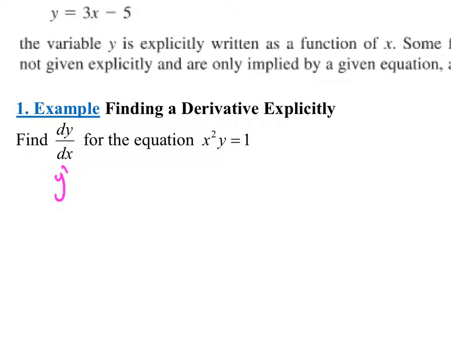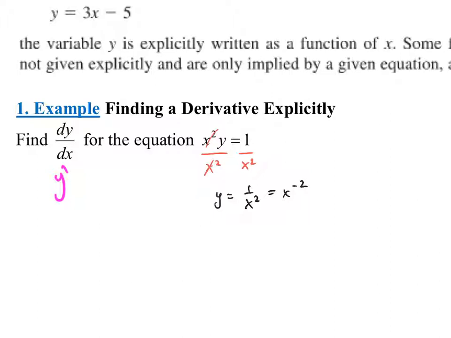Well, if we have x squared y equals 1, we could divide both sides by x squared. If we divide both sides by x squared, we would end up with y equals 1 over x squared. This is the explicit form of the equation. Again, if I wanted to find the derivative of this, I'd probably look at this as x to the negative 2, wouldn't I?